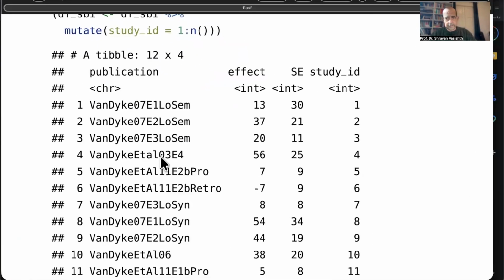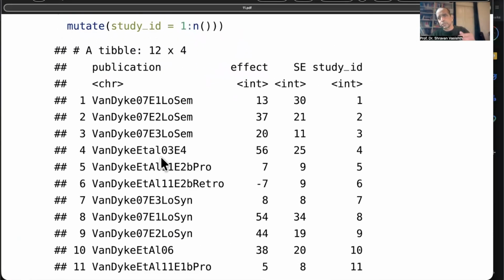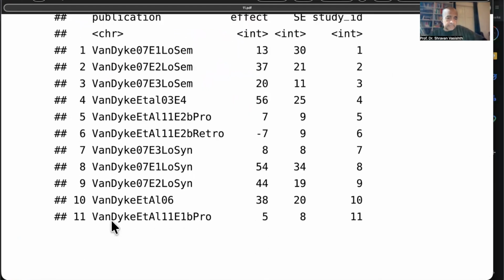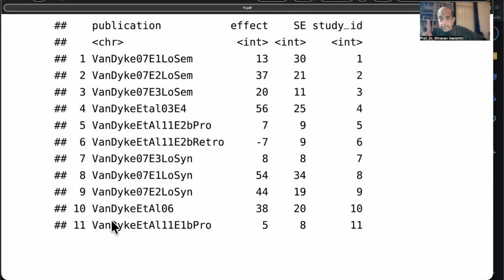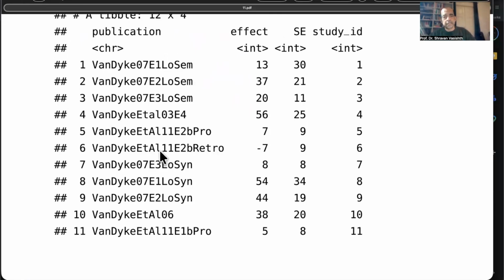In this data set, what you're seeing is a phenomenon called similarity-based interference, something I've worked on for like 25 years now. But this is data only from one person's lab, right? There's a researcher called Julie Van Dyke, and she carried out a whole bunch of studies over many years on similarity-based interference.